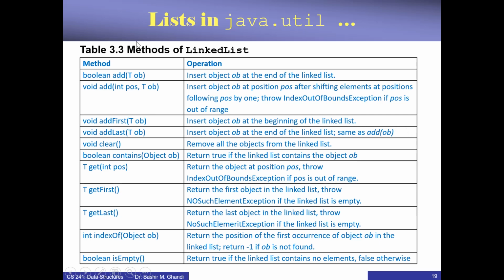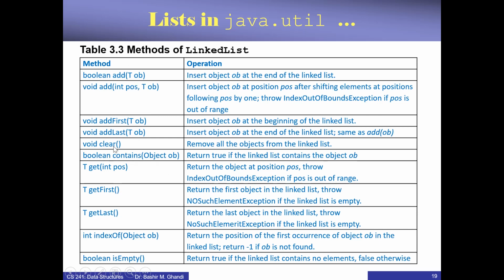Same like the add here, because we say this add will add at the end. So add last and add are exactly the same, only that one is void, one is Boolean. Okay, so those are the add methods.